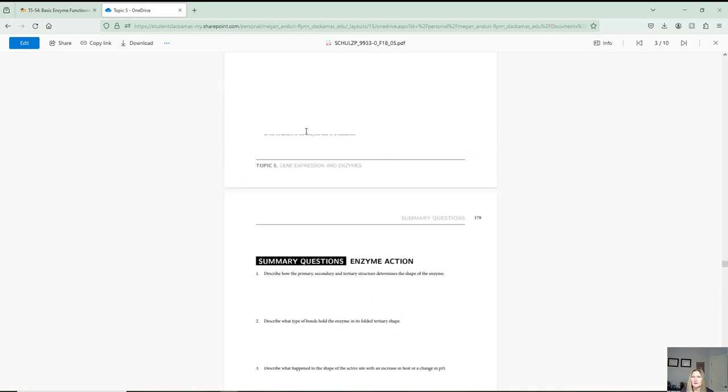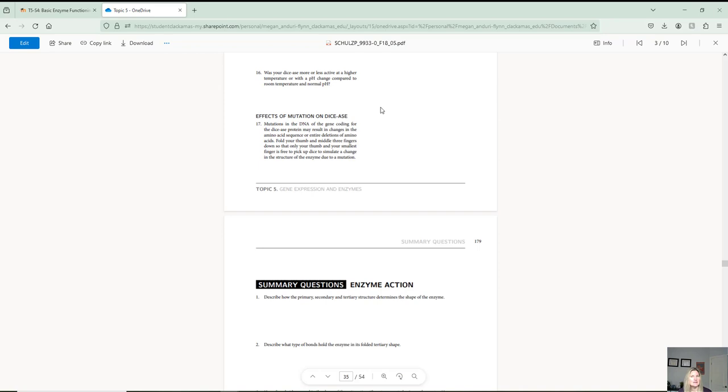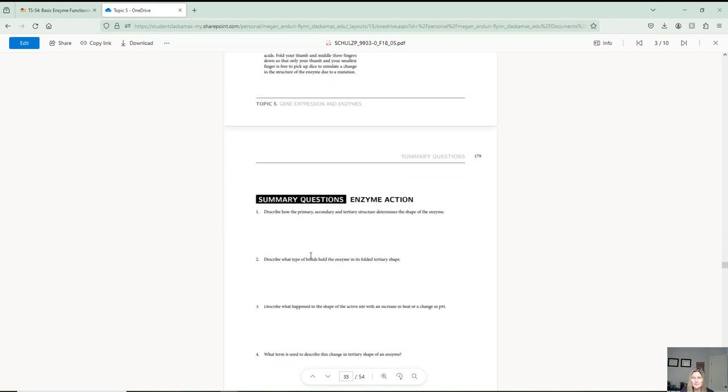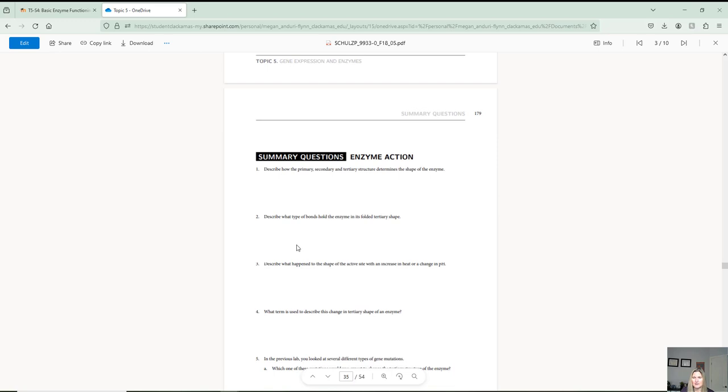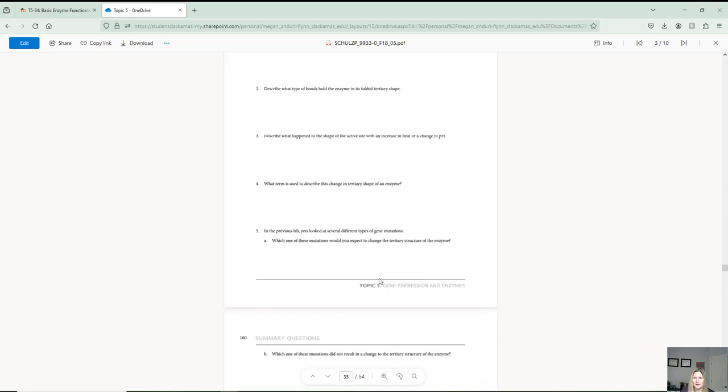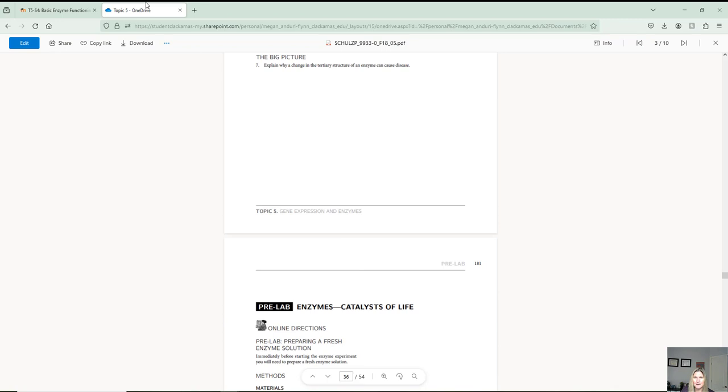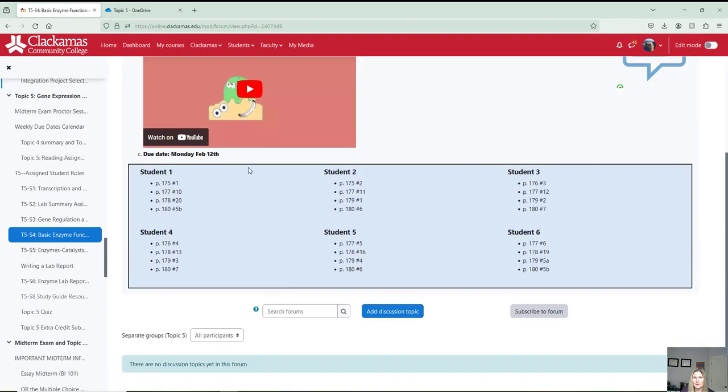So that is explaining what denaturing an enzyme is, the role that it plays, and how that happens. Once you've completed those activities and written your observations down, we have some summary questions there. Okay, and then you'll post the answers to your assigned questions in the discussion post.